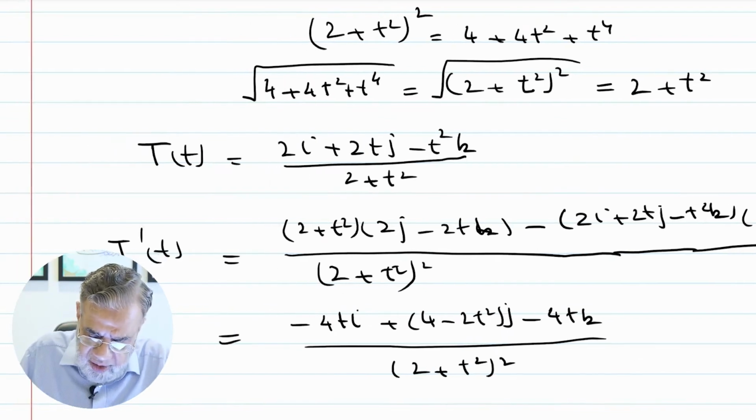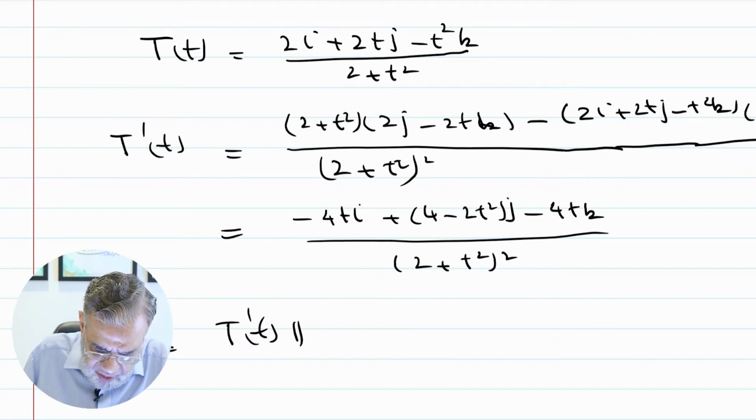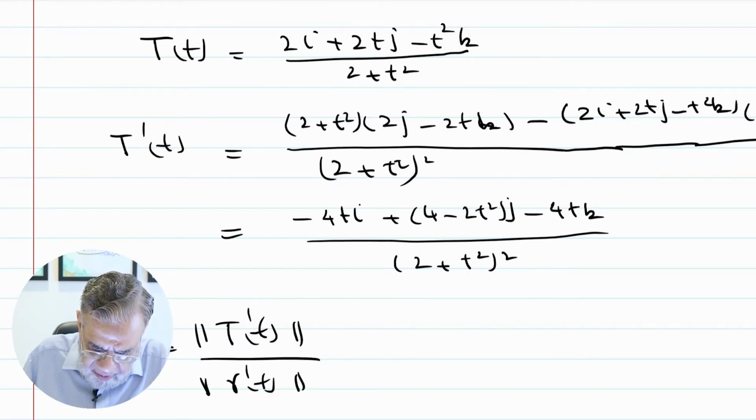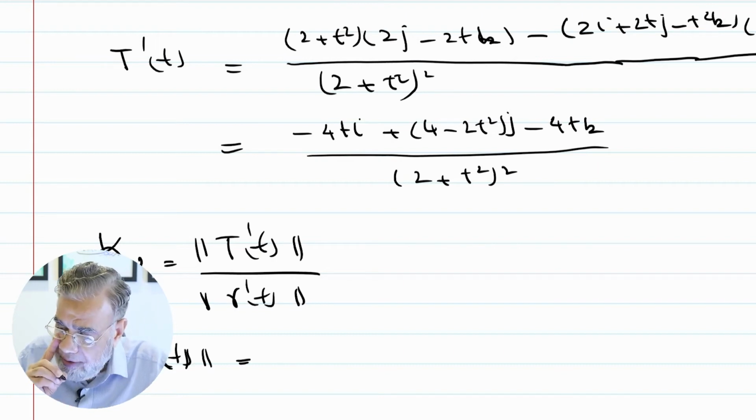Now I have the formula for when I want to find the curvature. In curvature we have seen the formula is the magnitude of T'(t) over the magnitude of r'(t). We want to find the magnitude of T'(t), and here we square each of the components.